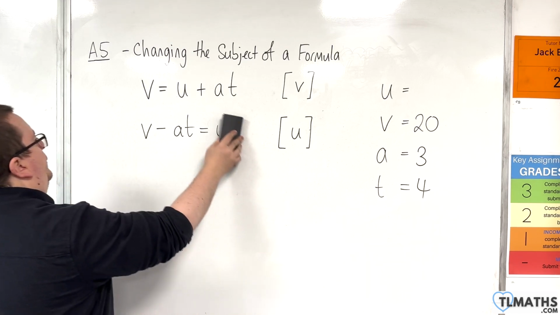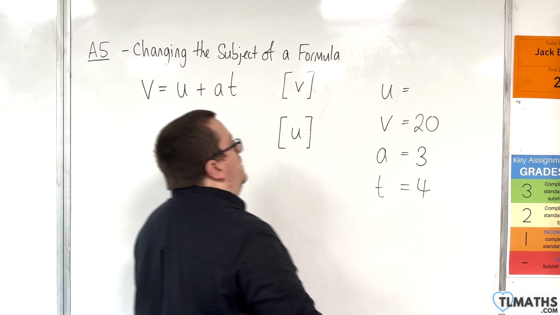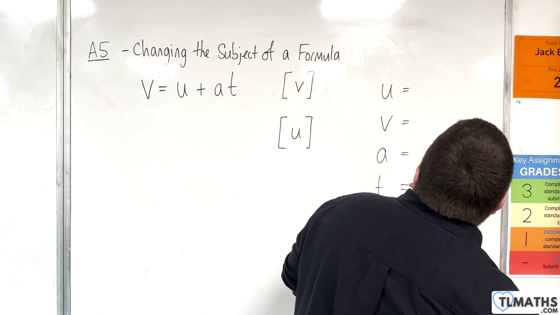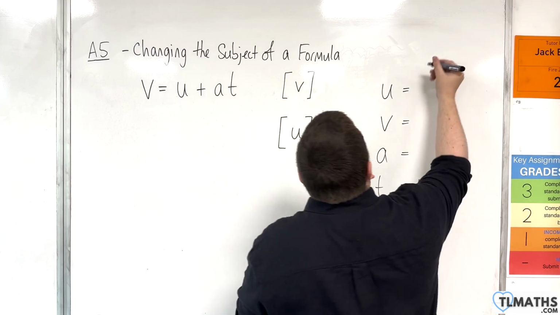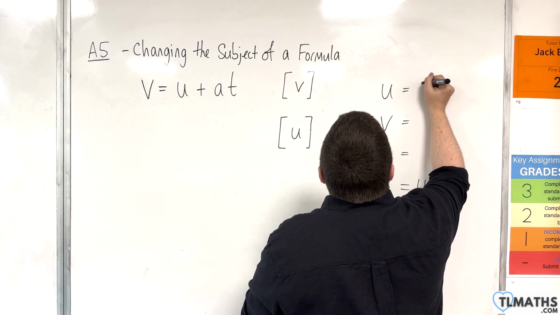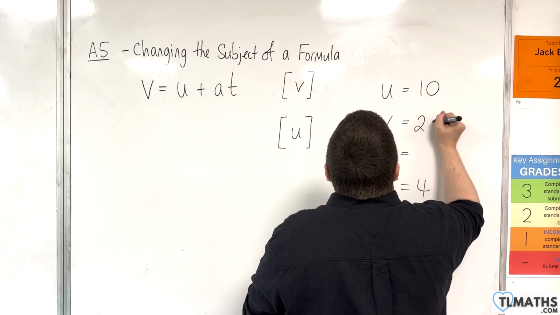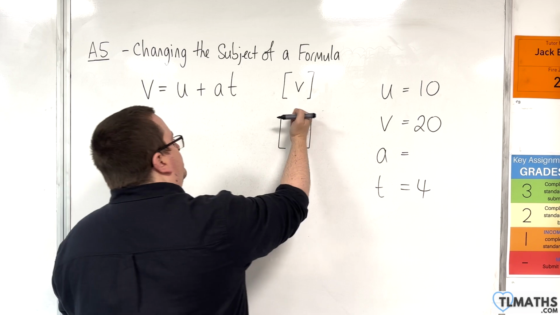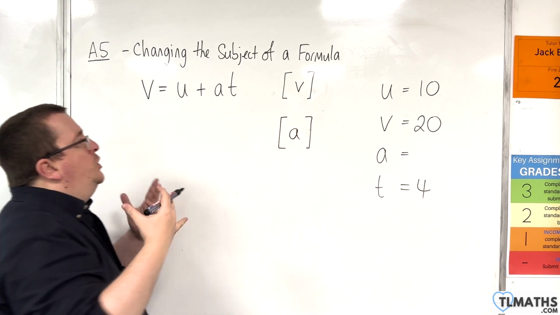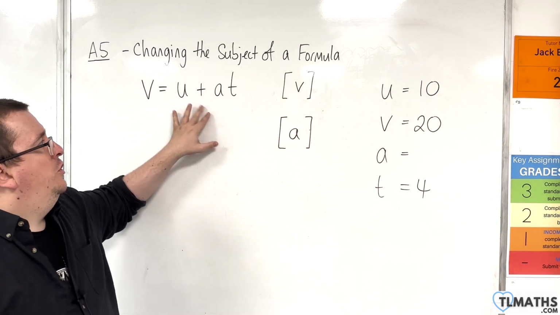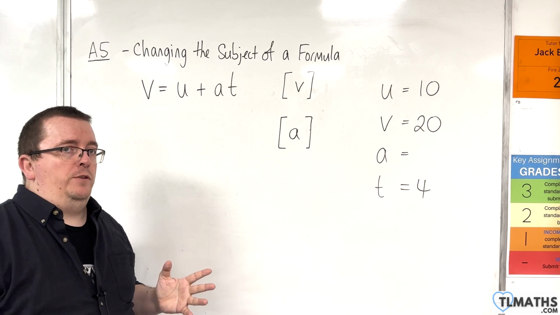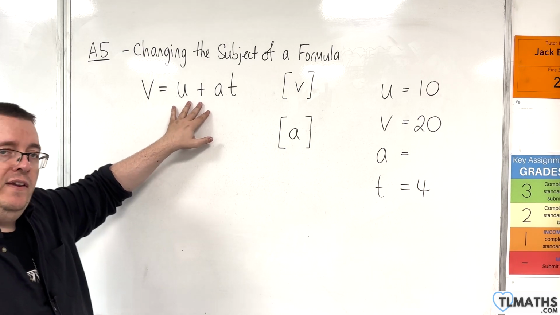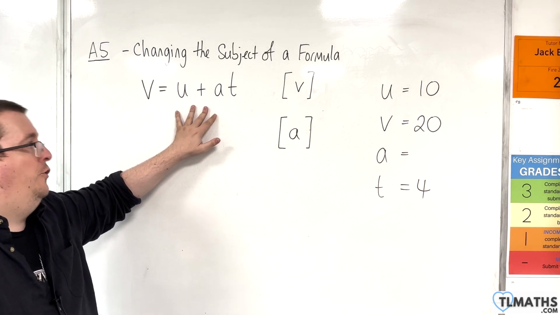Okay, but of course, I might not have that information that way round. Let's say that I know that this is 10 and this is 20, but I don't know the acceleration. Now again, I could plug that information all in here to work out the acceleration. Alternatively, I could rearrange this to get A as the subject of the formula.